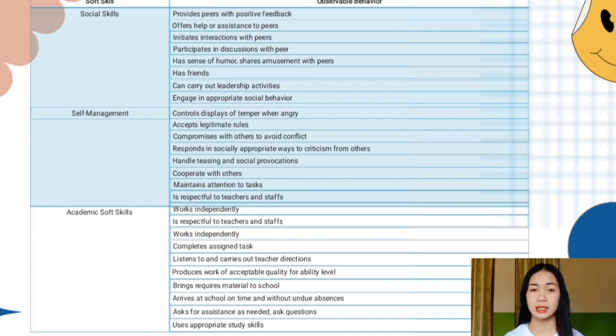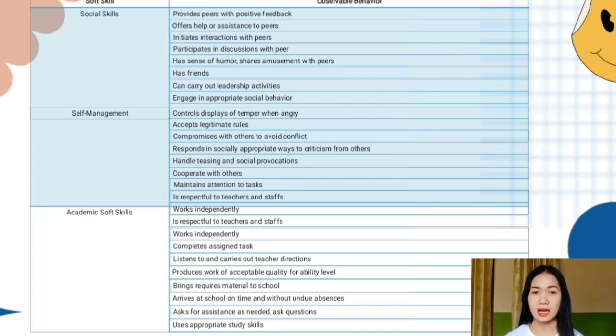And the third is academic soft skills. The observable behaviors are works independently, is respectful to teachers and staff, completes assigned tasks, listens to and carries out teachers' directions, produces work of acceptable quality for ability level, brings required materials to school, and arrives at school on time and without undue absences.